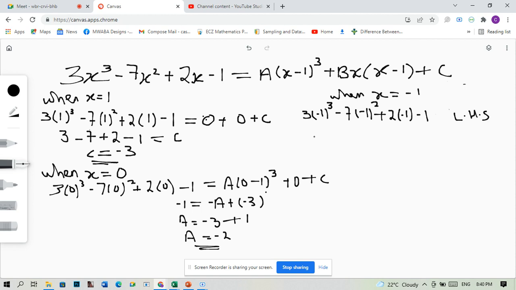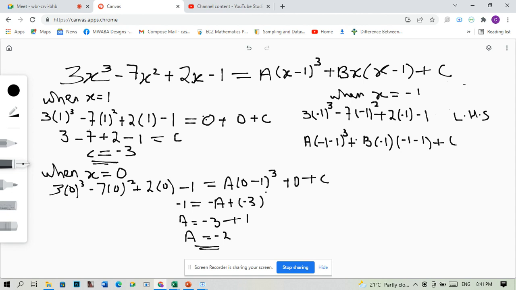Then we go to the right-hand side. We say a, open brackets, negative 1 minus 1, cubed, plus b times negative 1, open brackets, negative 1 minus 1, plus c.